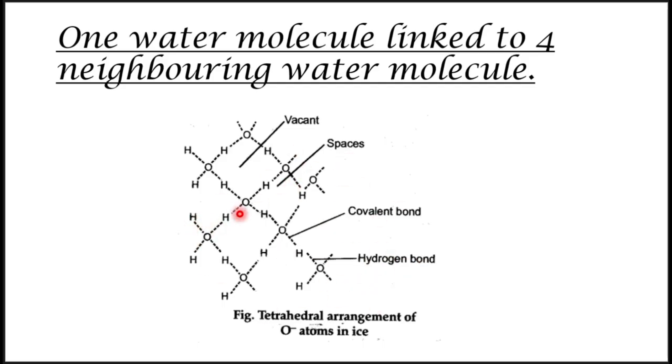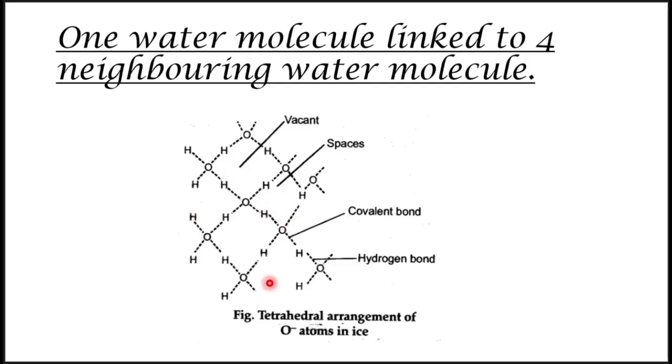One water molecule is bonded to four water molecules. See this hydrogen bond. It is surrounded by one, two, three, four molecules of H2O. So it forms empty space inside.